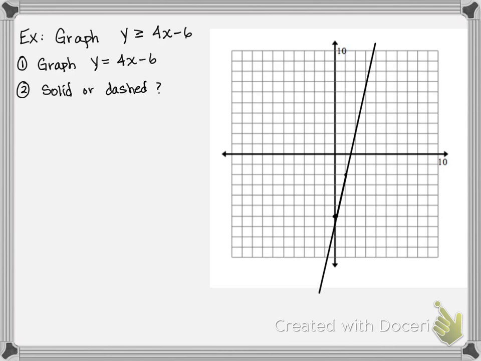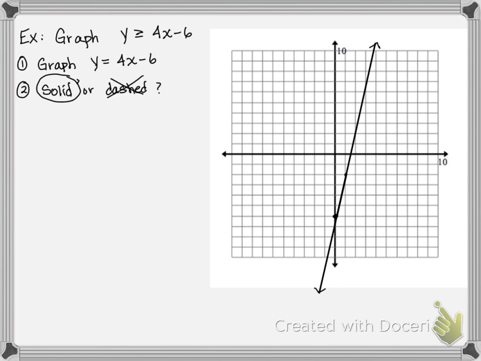It would be solid. And that's because it's the greater than or equal to type of inequality. One way that helps me remember is if there's a straight line in the inequality, then your line is going to be like a line. So we'll just leave it as is.